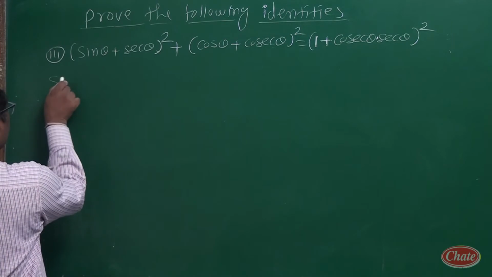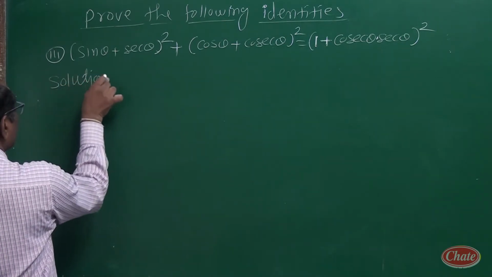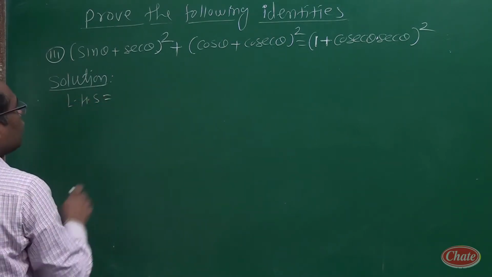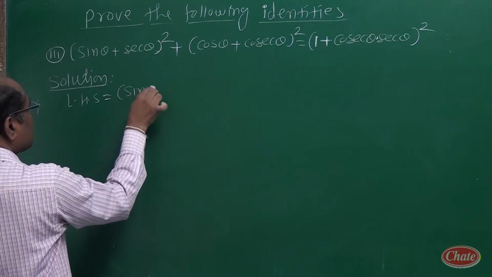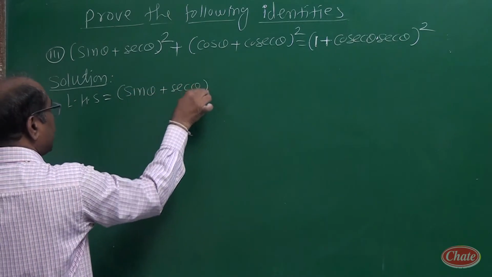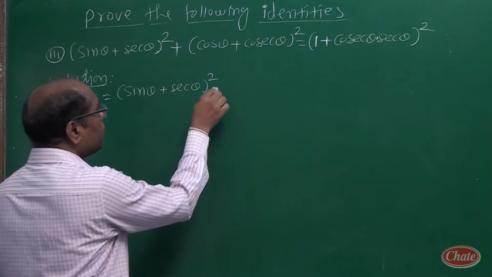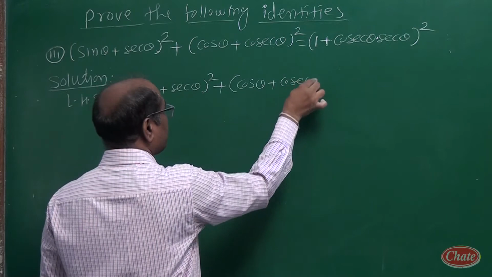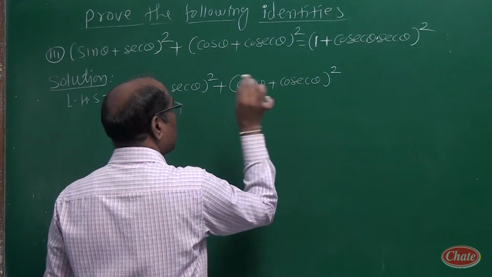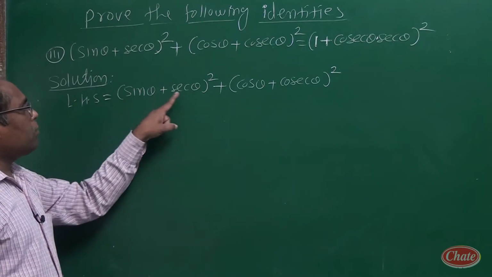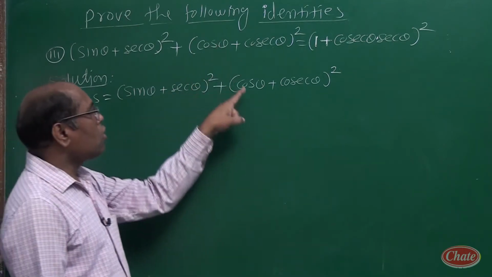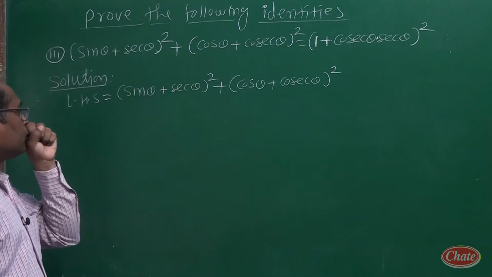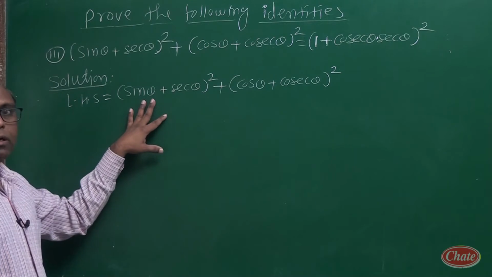So take the left hand side. The LHS is (sin θ + sec θ)² + (cos θ + cosec θ)². So that is the left hand side.